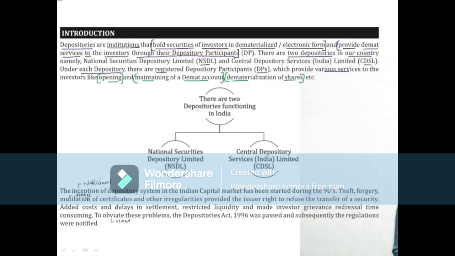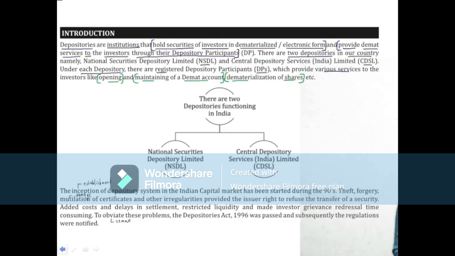Before going to the introduction part of this Depositories Act, I just want to tell you about the genesis, or else the history, of the Depositories Act. The earlier settlement system on Indian Stock Exchange was very inefficient at that time.